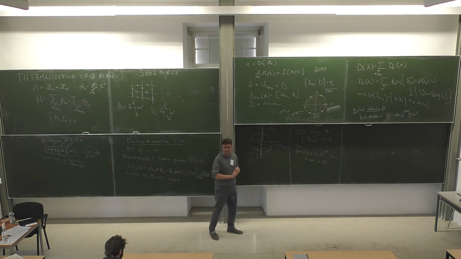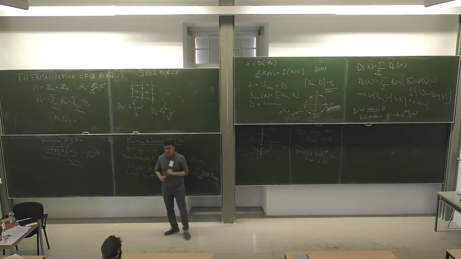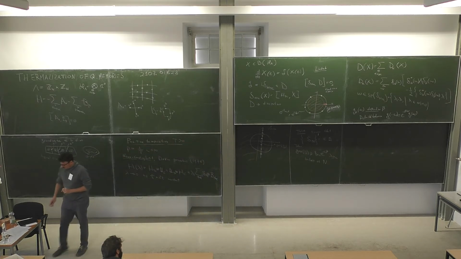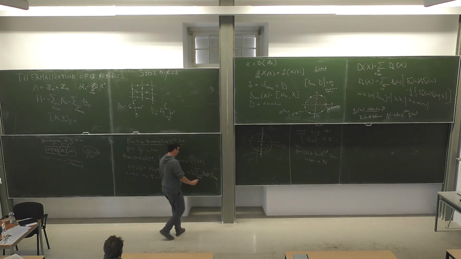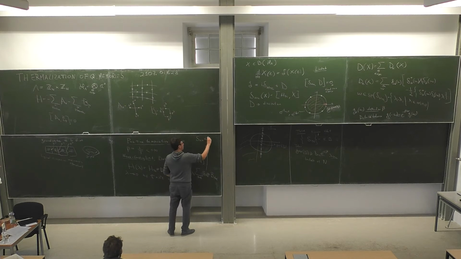Which guarantees that it's actually converging to the thermal state. Of course, you could have a bigger model where the actions are not purely local. Yes. So now what I'm assuming here is that each S alpha is acting on a single edge.